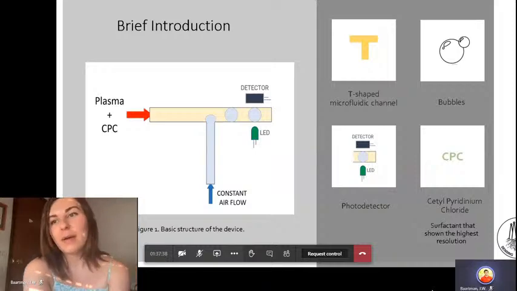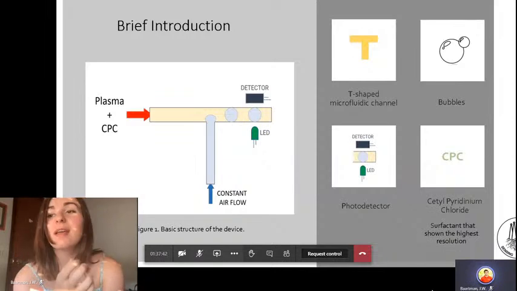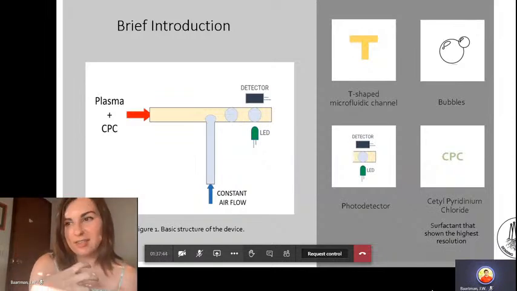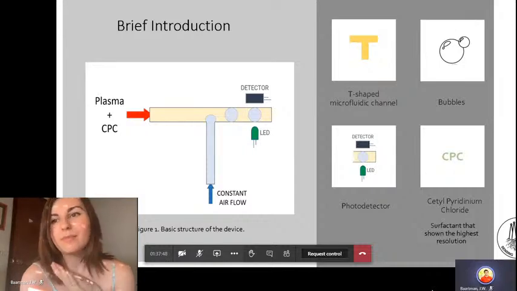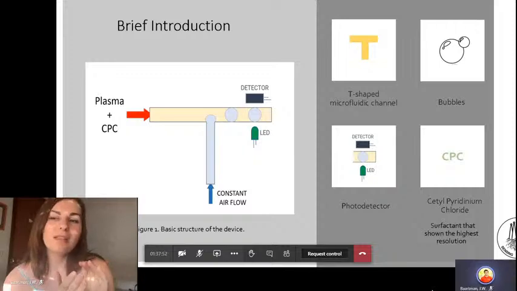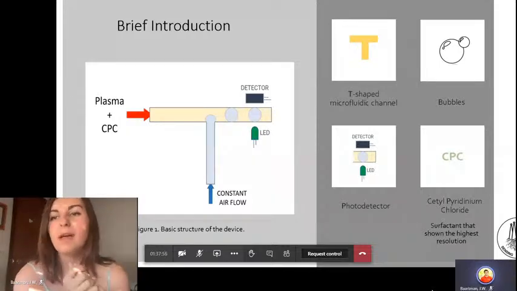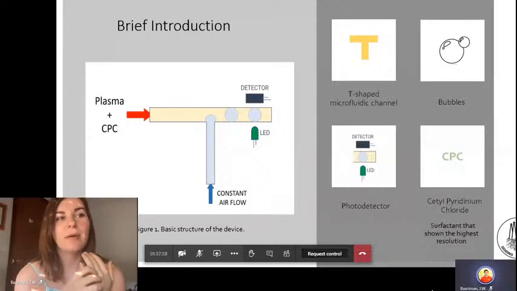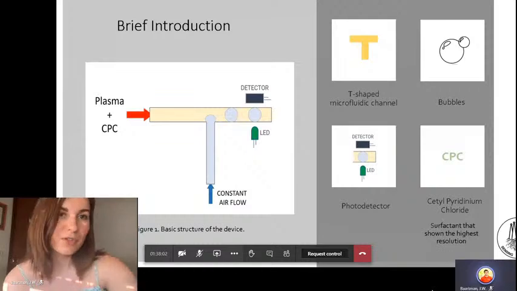The constant flow of air creates bubbles that travel through the channel to a photodetector at the end. The bubble size depends on the surface tension of the solution. For that, CPC is used because it's the surfactant that has the highest resolution.